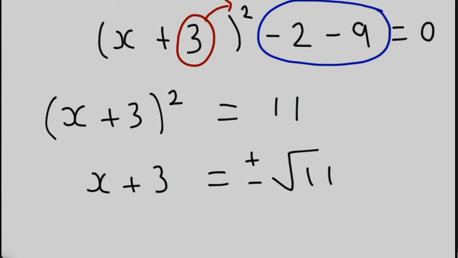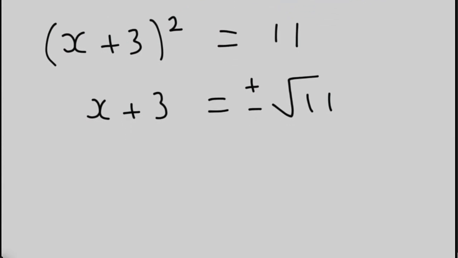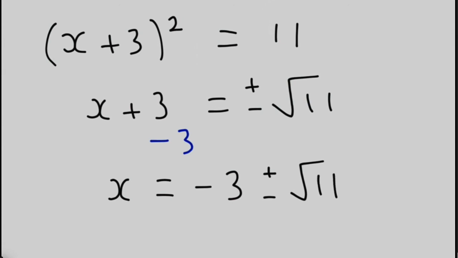To finish off, we're going to do the inverse on the left hand side, so we subtract 3 from both sides. On the left hand side we have an x, and that's equal to minus 3 plus or minus the square root of 11. Now you put this into your calculator.